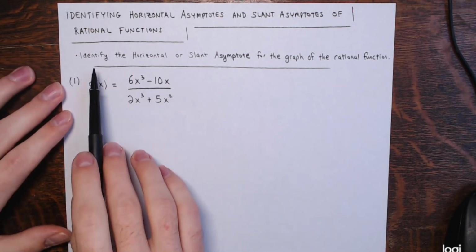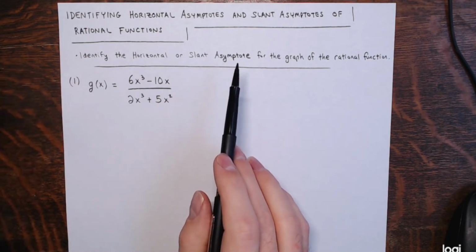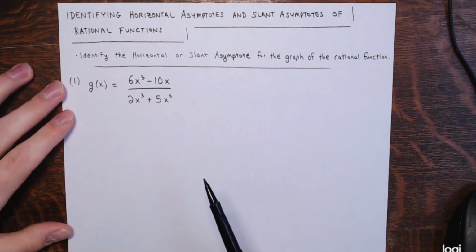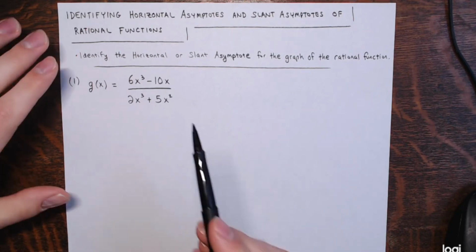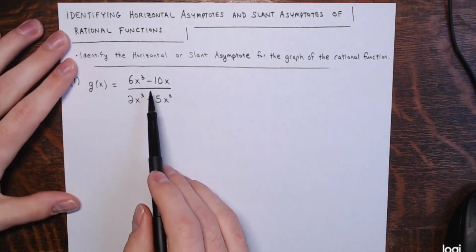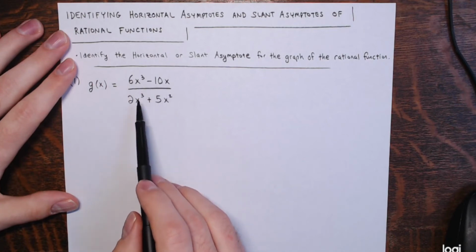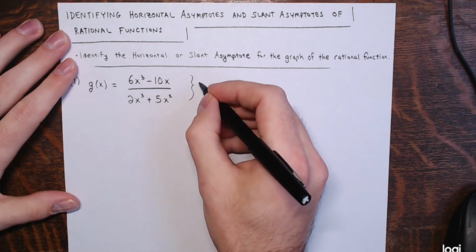We're asked to identify the horizontal or slant asymptote, if it has any, for the graph of the rational function. So notice that they have the same degree, right? This is a degree 3 polynomial in the numerator, degree 3 polynomial in the denominator, right? So same degree.